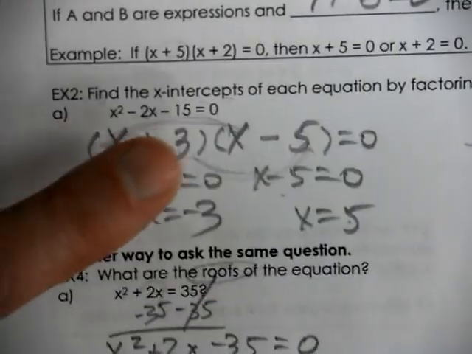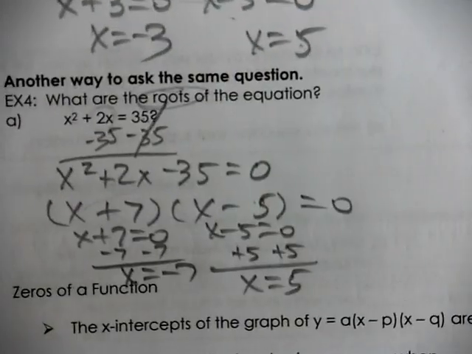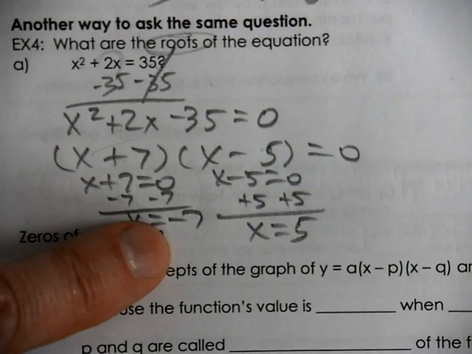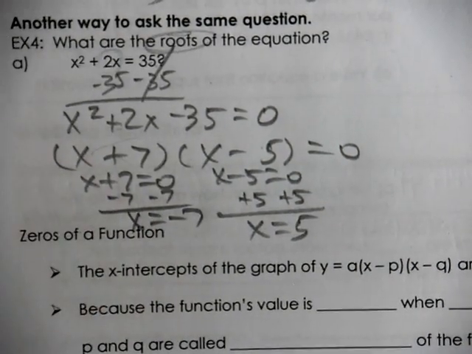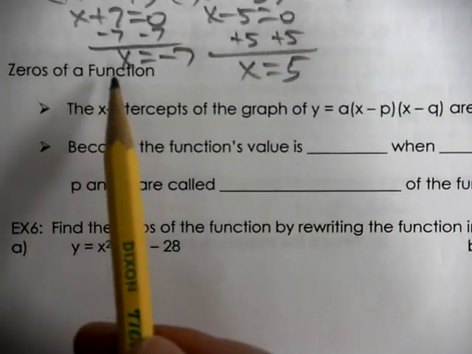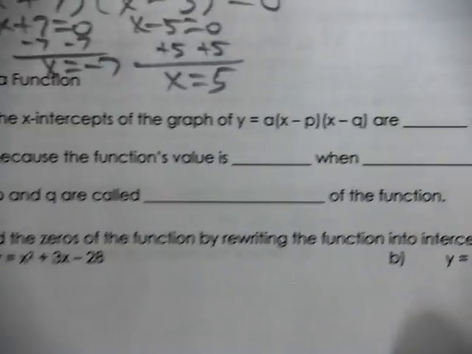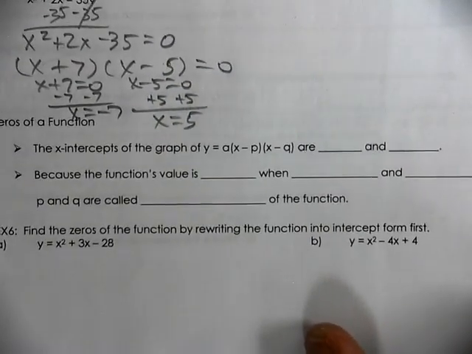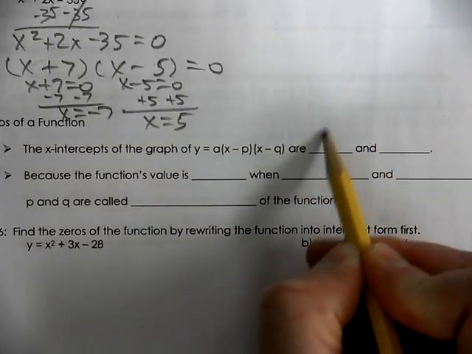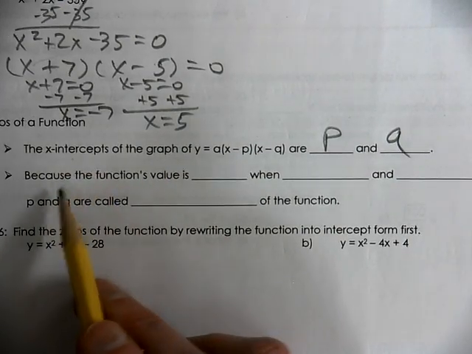So we've talked about x-intercepts, and we factored and did the zero product property. We have roots, and we factored and we did the zero product property. Next, we're going to talk about zeros. The zero of the function. Still the same thing. The x-intercepts of the graph in intercept form are P and Q. Those are the x-intercepts.